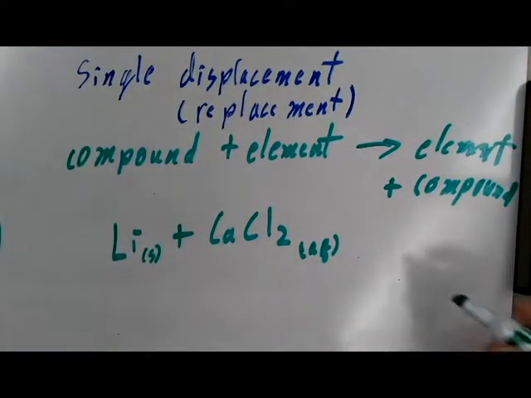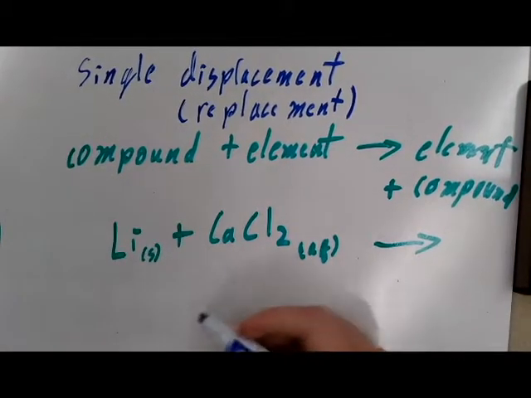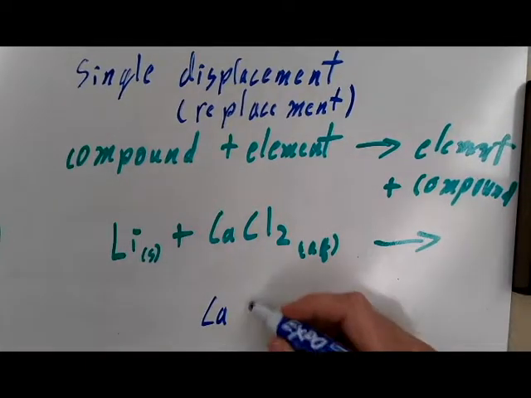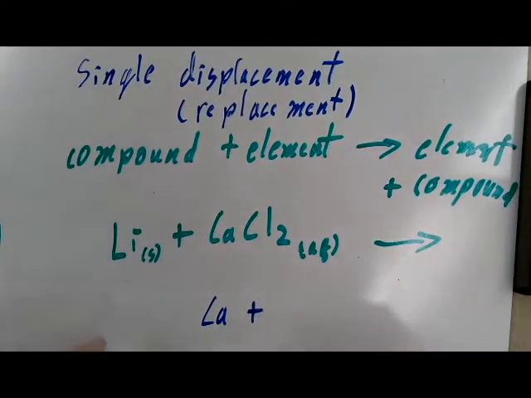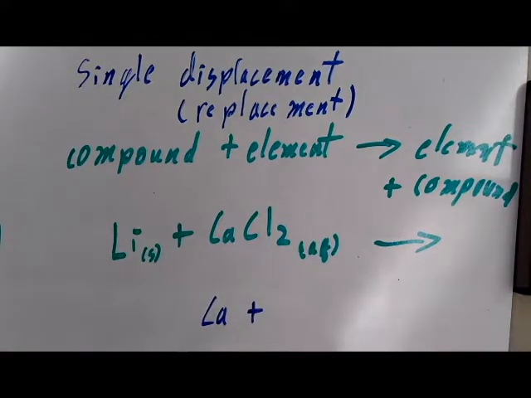In order to see what our products are going to be, we're going to have to think ions when we do this. So this calcium is going to get knocked out, and it's going to be by itself then. So we're going to end up with calcium as a metal. And in this compound then, this lithium is going to have not the charge that the calcium had, but the charge that a lithium would have.